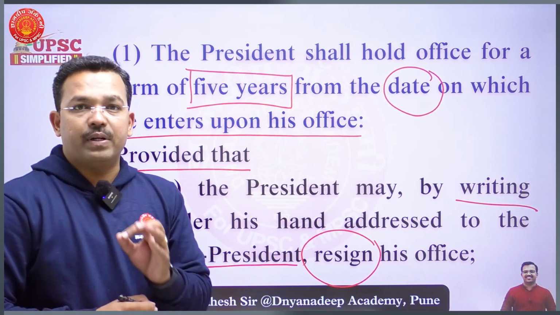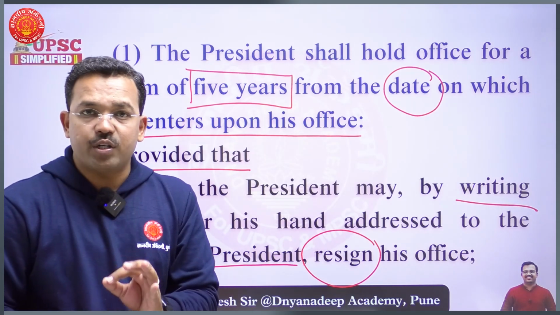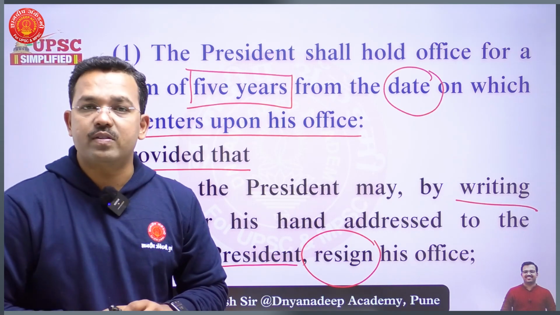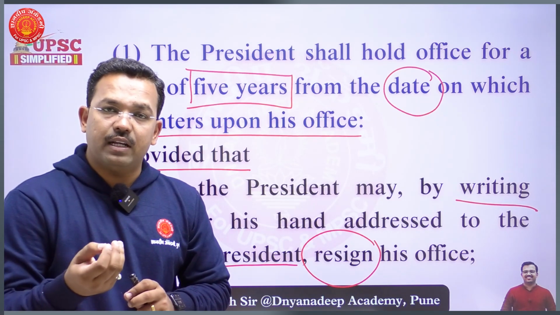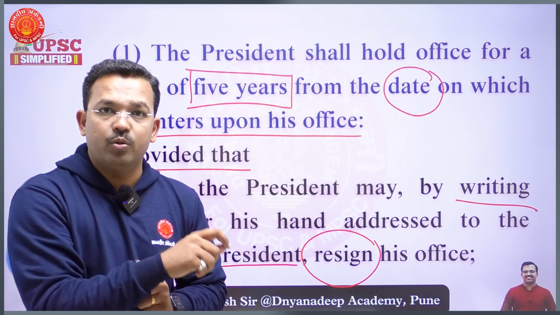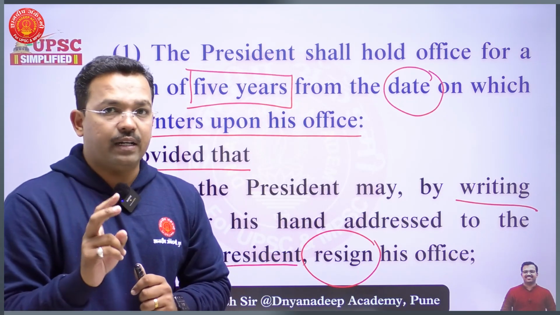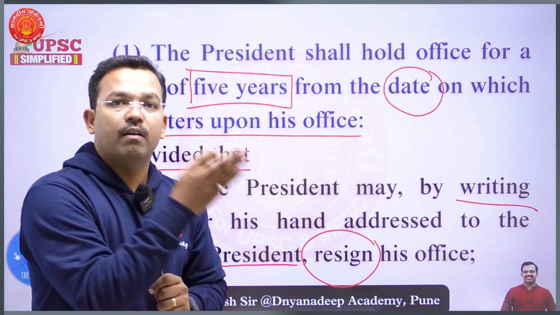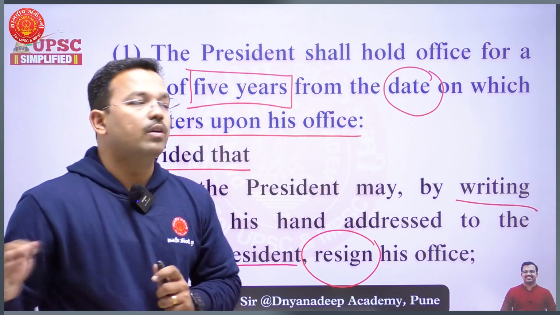It means the President gives his resignation to the Vice President of India. This interesting point you must remember: the President gives his resignation to the Vice President, and the Vice President gives his resignation to the President of India.